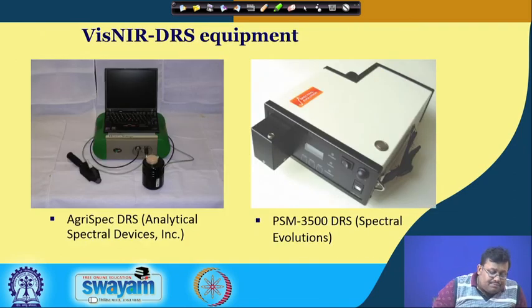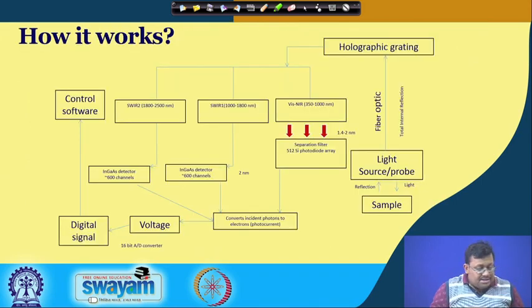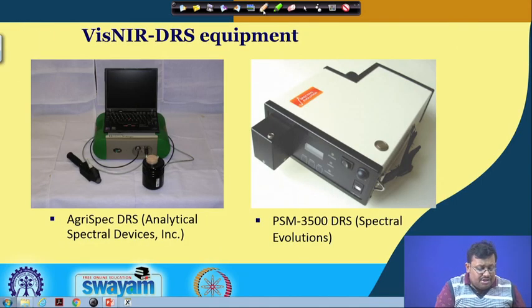So, let us see some equipment for VisNIR-DRS spectroradiometry. You can see there are 2 instruments. One is called AgriSpec-DRS, made by Analytical Spectral Devices of USA, and the other is Spectral Evolution, the PSR 3500.